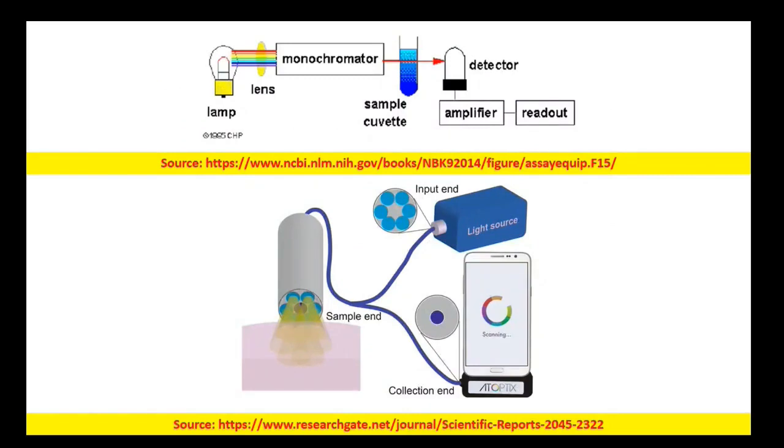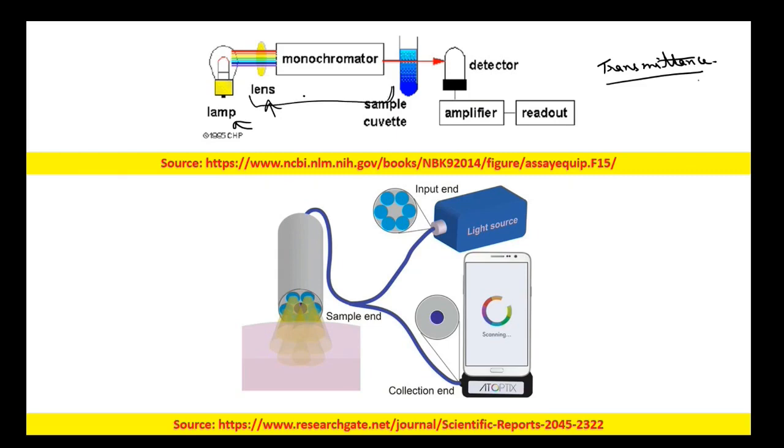Now I am coming to the last slide of this chapter. Initially, if you remember, I talked about two types of spectrophotometers. One is transmittance. Herein you can see you have the lamp, then the optical system, then the monochromator.